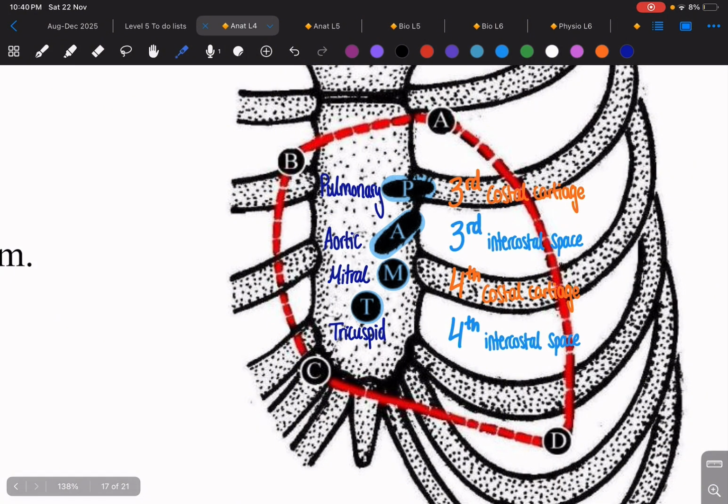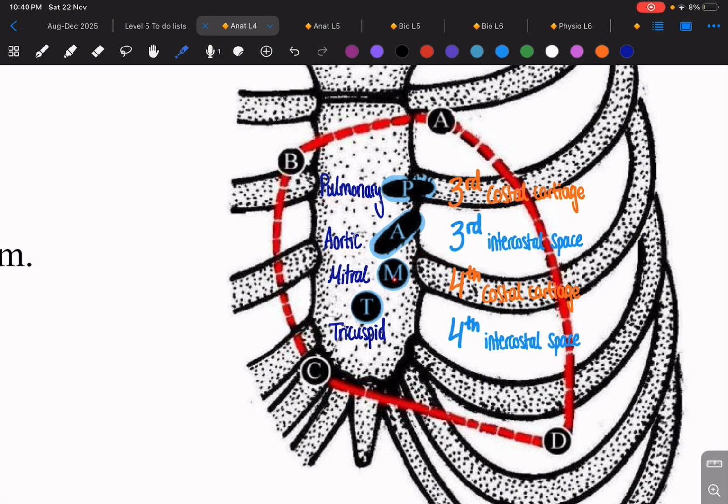Specifically, the pulmonary, which is P, the first one, is where we said 3344. It's in the third costal cartilage. Aortic is in the third intercostal space. So here third costal cartilage, and here third intercostal space. So remember PA, pulmonary and aortic. P is in the third costal cartilage and A is in the third intercostal space.